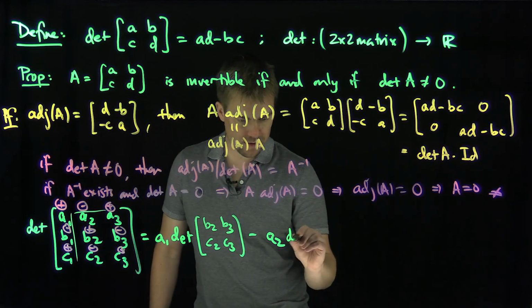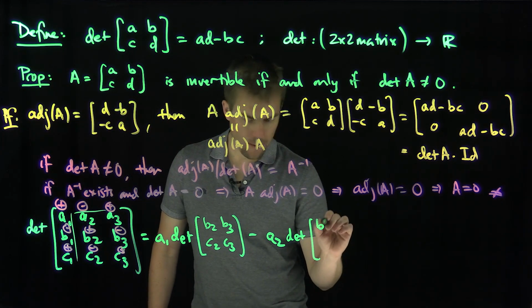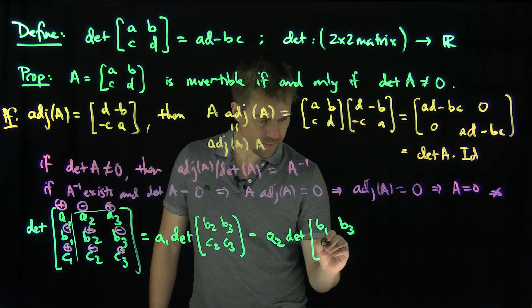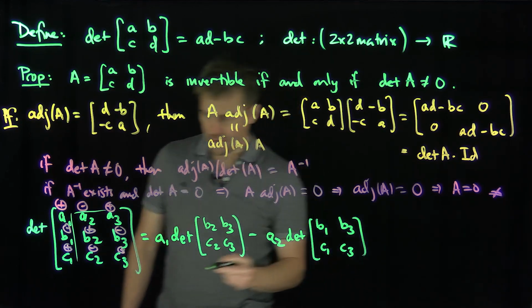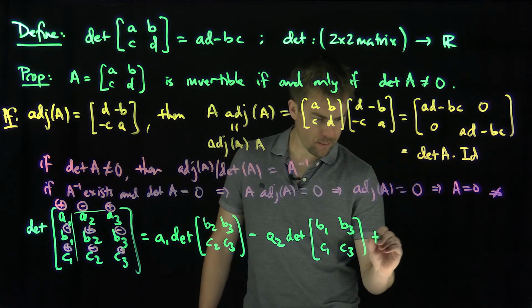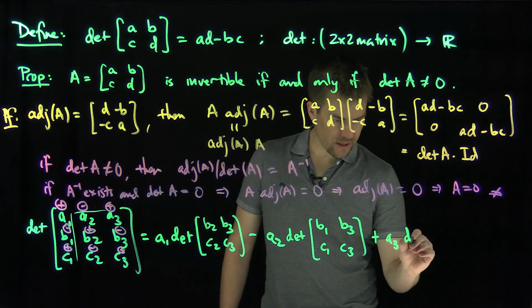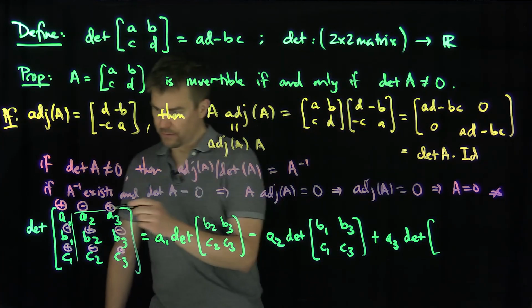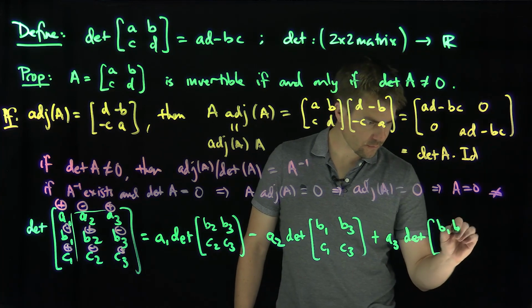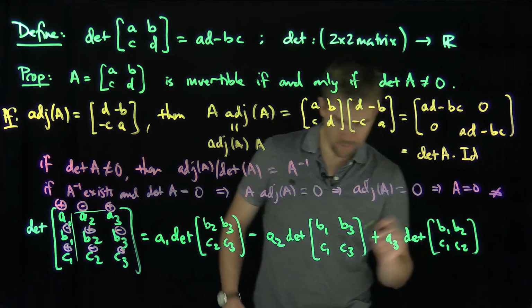I'm going to have the determinant of B1, B3, C1, C3, and then finally plus A3 times the determinant of B1, B2, C1, C2, okay?